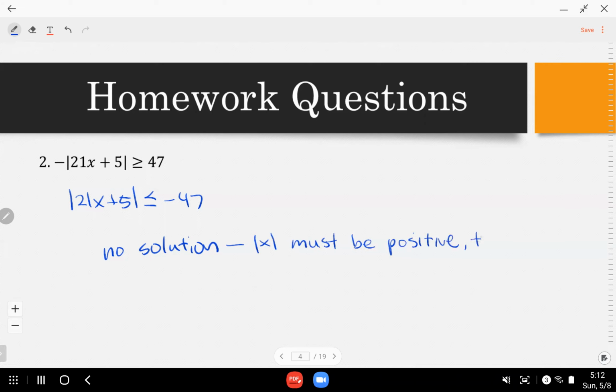Therefore, it cannot be less than or equal to negative 47. If you think about it, if you put any number in there, it's always going to be positive. No matter if you put a negative number or a positive number, it's always going to be positive. So how is it going to be less than negative 47? That's not possible, right? So therefore, it is no solution.